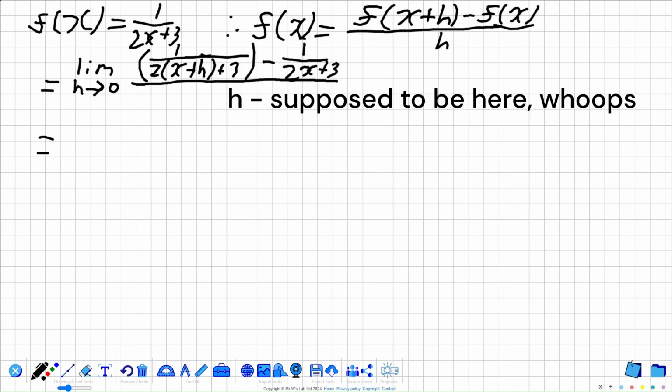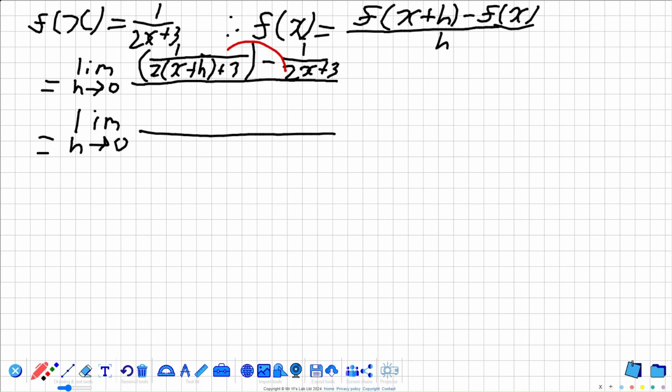So we can then do the next step, and this will just involve a bit of cross multiplication actually. So what we're going to do is multiply this with this and that with that. So let's just do that real quickly.